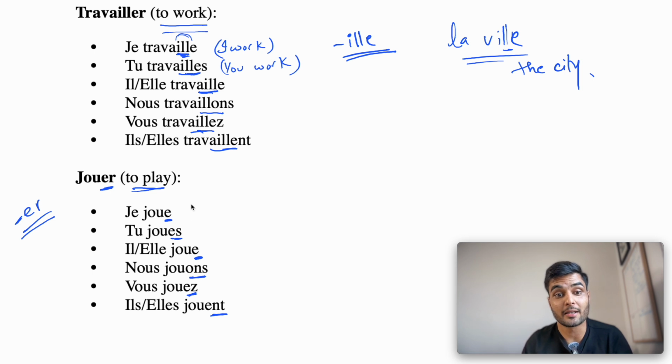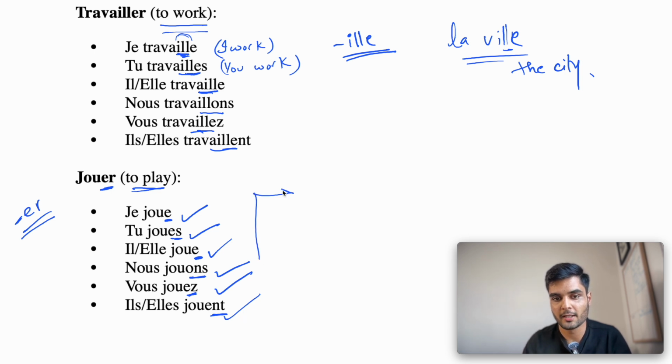So the pronunciation will be je joue. Je joue, I play. Tu joues. Il, elle joue. We play is nous jouons. You play is vous jouez. Okay. Ils, elles jouent. They play. Okay.